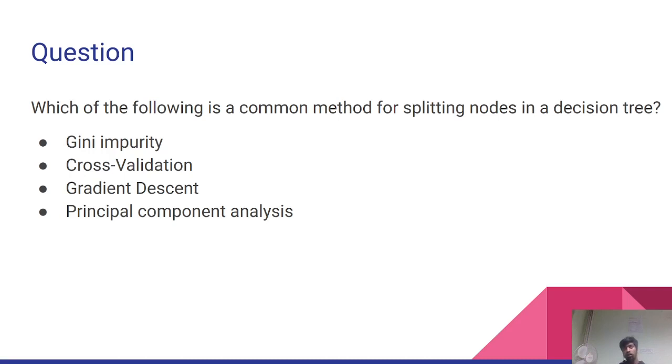But the splitting itself, where we decide which path and where to create a branch, we don't do with cross validation.